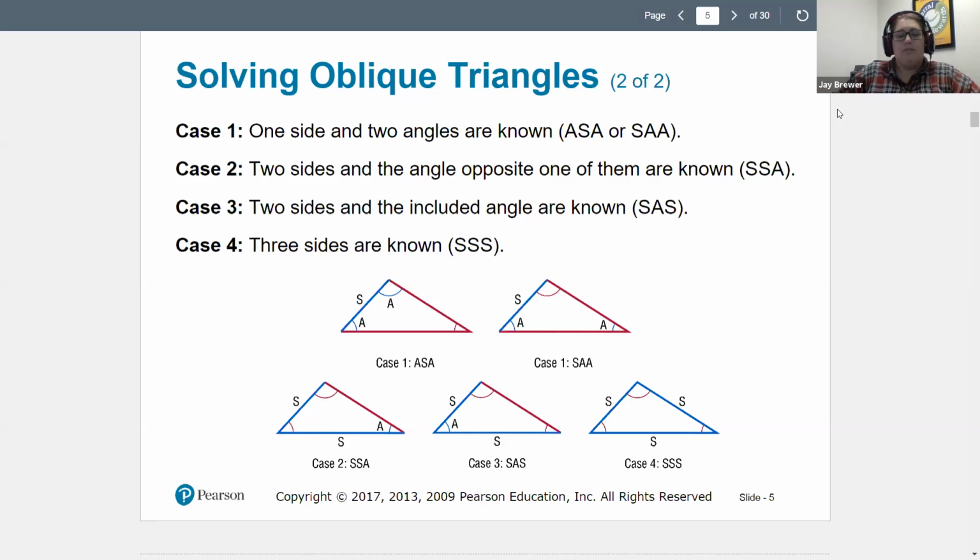My hint to you is that when we teach this to younger students, we always tell them that it doesn't exist because it would be a bad word. Yeah, I think you guys got it. So angle, side, side doesn't exist. There's no way we can really work with that.